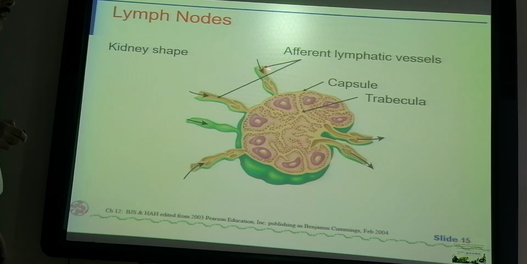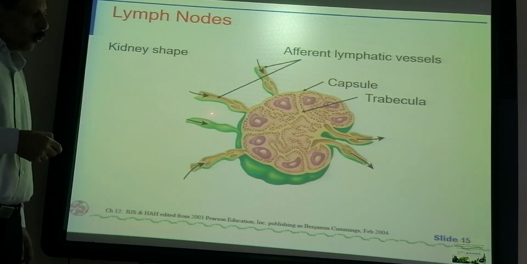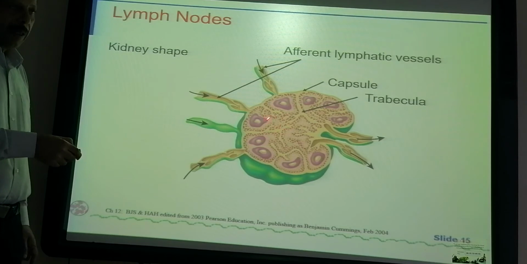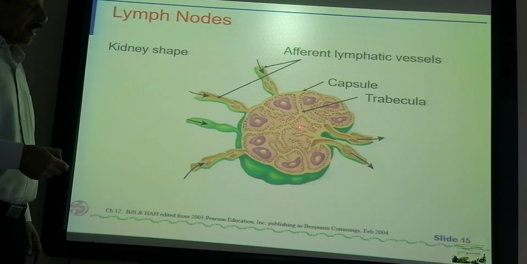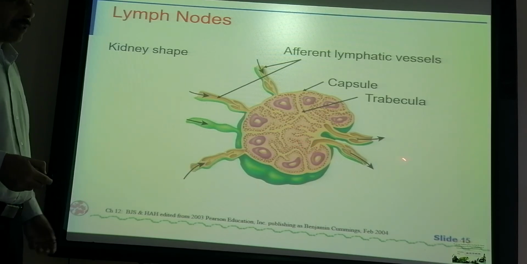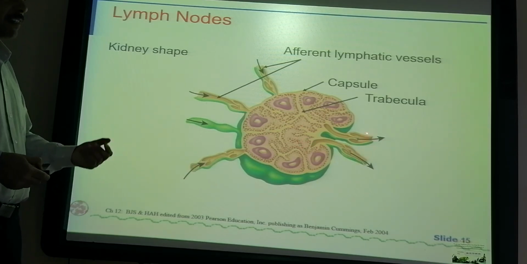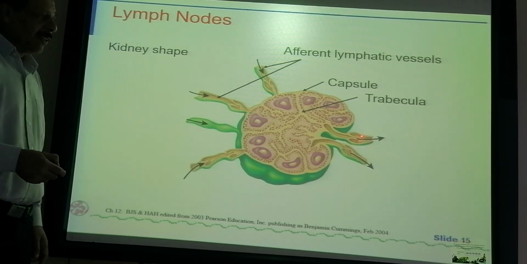The afferent lymph vessels are more than the efferent lymphatic vessels. In the afferent, the fluid is coming toward the lymph node, and the efferent, the lymphatic fluid goes toward the other lymphatic vessels until it reaches the circulation.